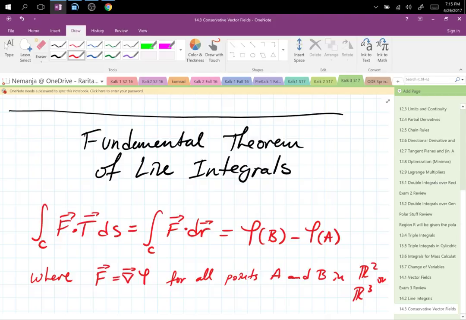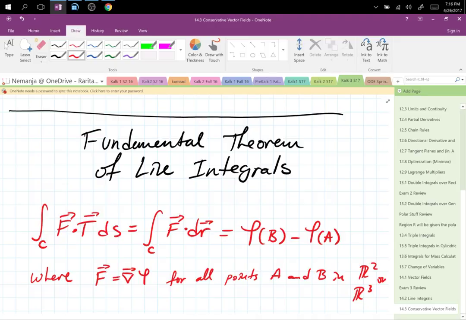Now there's a cute proof there that shows this. What are the A and B? A and B are the endpoints of your smooth curve. So if you parametrize something over the unit circle, it's from 0 to 2 pi. If you have a line segment that goes from (0,0) to (1,1), or from (1,1,1) through (5,5,5). So those are your A and B, and you have to understand that your function phi is going to have the same number of dimensions and variables as your point has.